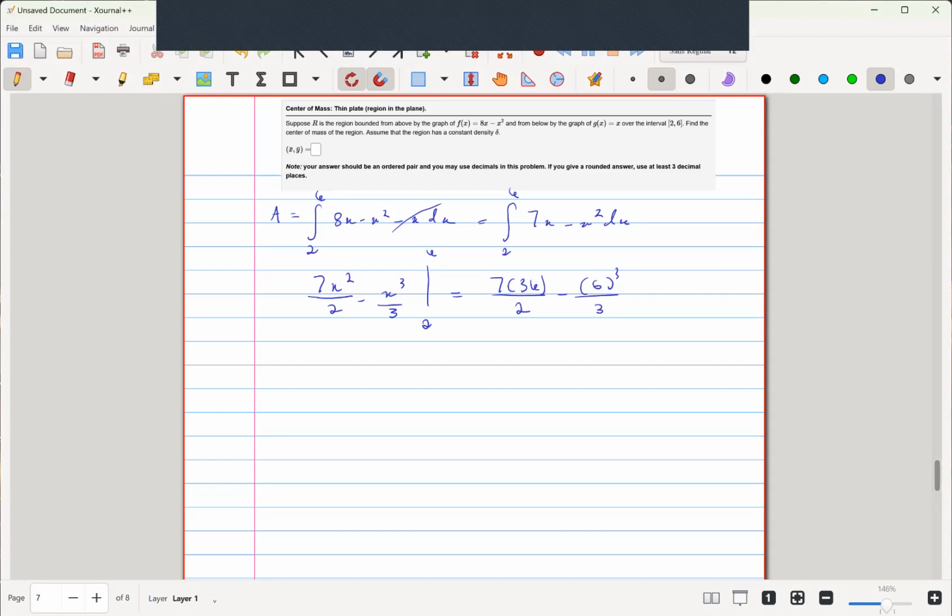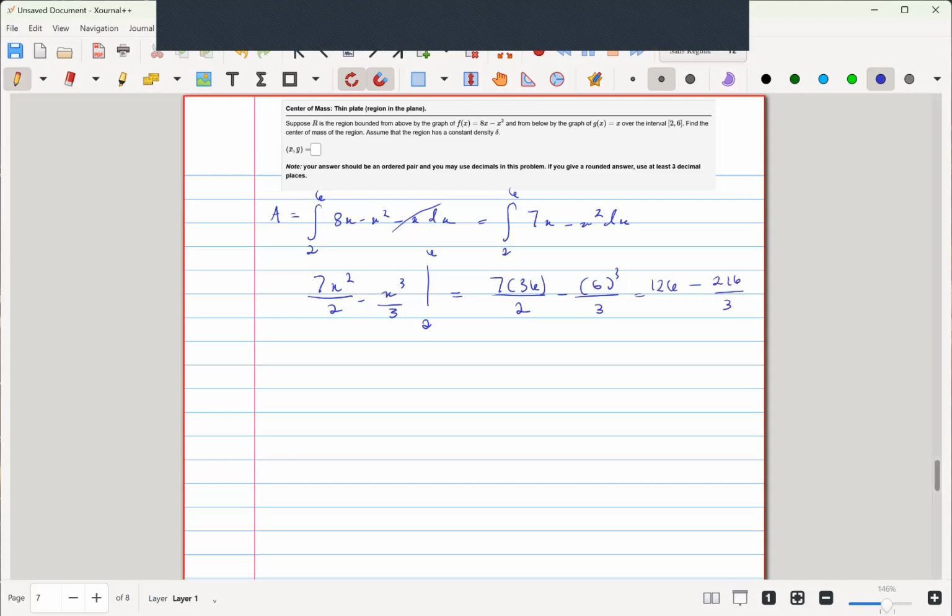I know what this evaluates to, but I'm just going to do it on my calculator. 7 times 36 divided by 2 is 126, minus 6 times 6 times 6 is 216 over 3.